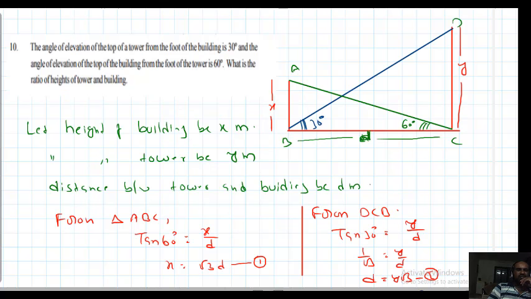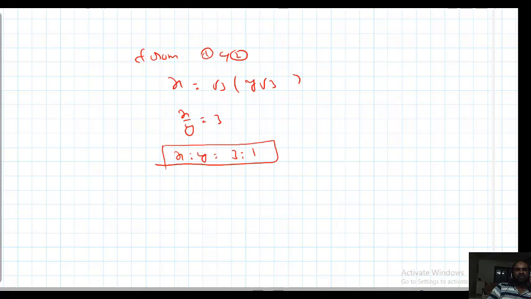What do they want? They want the ratio of the tower and building. Tower first, next building: y is to x. Therefore, the ratio of heights of tower and building equals 1 is to 3.